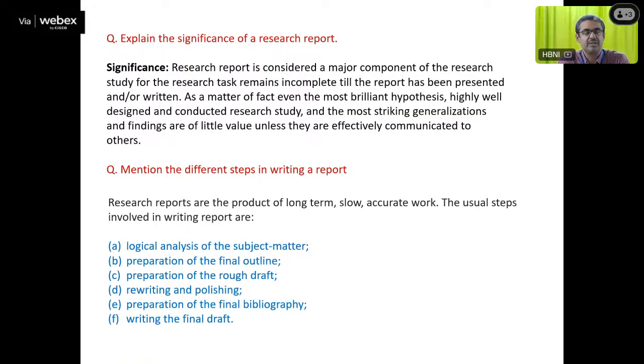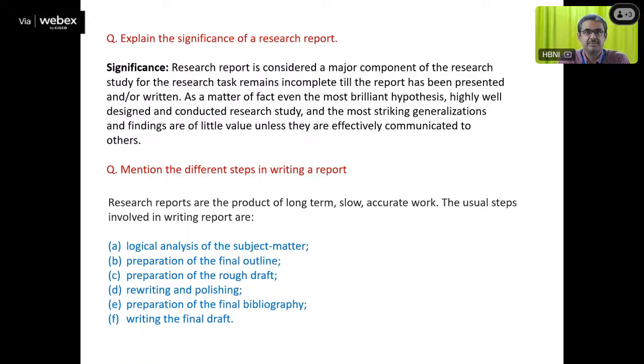Whatever you are investigating, you have to jot it down so that it is available to researchers for their reading purpose. As a matter of fact, even the most brilliant hypothesis, a well designed and conducted research study, and the most striking generalizations of findings are of little value unless they are effectively communicated to others. So effective communication can be done through an attractive research report, right?